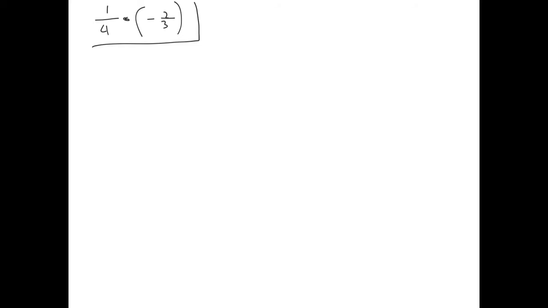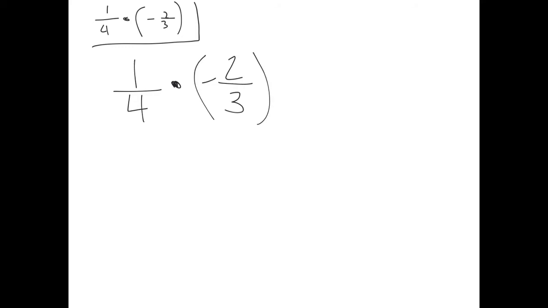Today we learned how to multiply fractions. So we have 1/4 times -2/3.